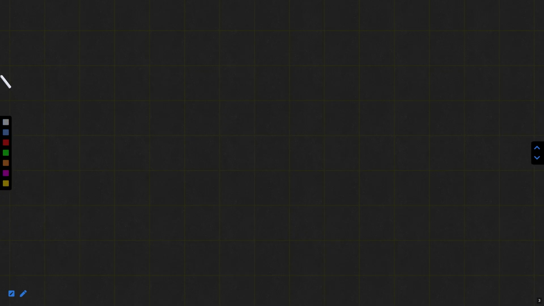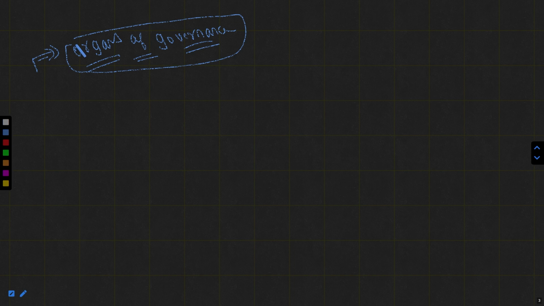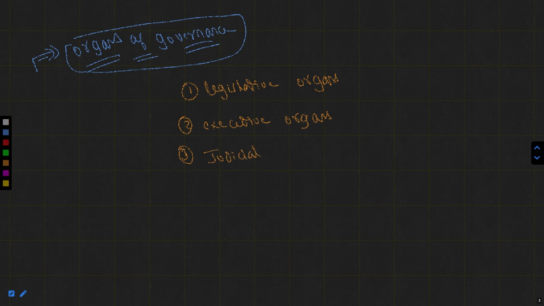If we talk about the organs of governance, there are basically three organs. The first organ is the legislative organ, the second one is the executive organ, and the third one is the judicial organ.